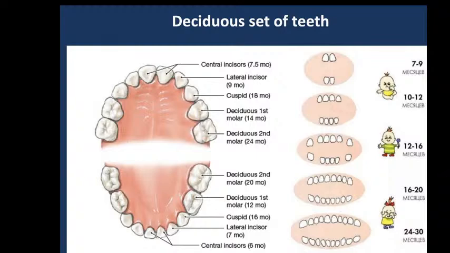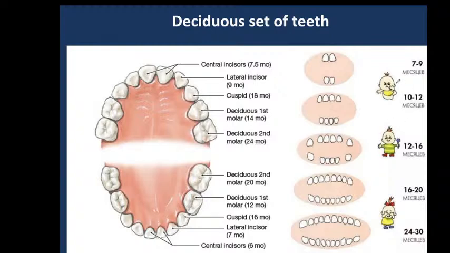During development, 2 sets of teeth begin to form. It would be deciduous in children, in baby, deciduous set and permanent set. Deciduous set of teeth usually have only 20 teeth.